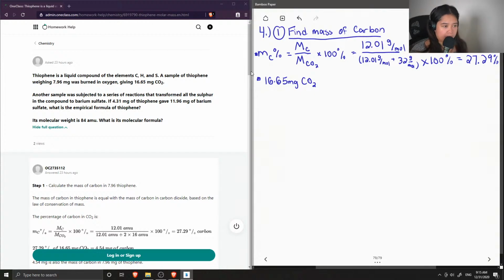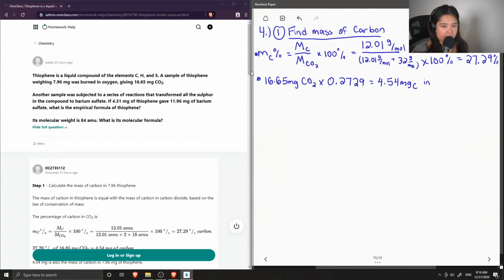So 16.65 milligrams of carbon dioxide multiplied by 0.2729, so this is the percentage in decimal form, gives us 4.54 milligrams of carbon.